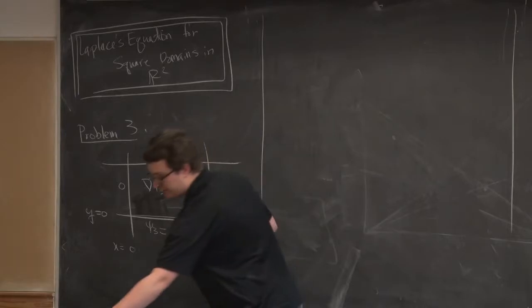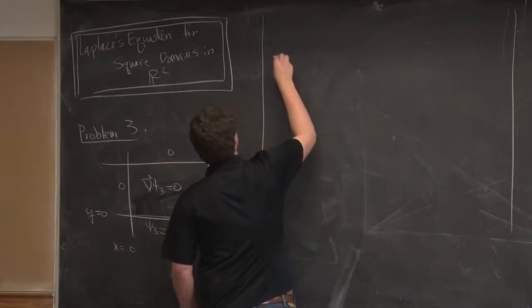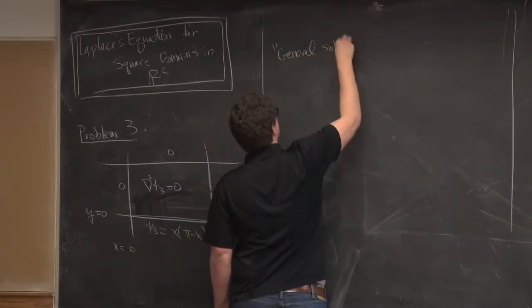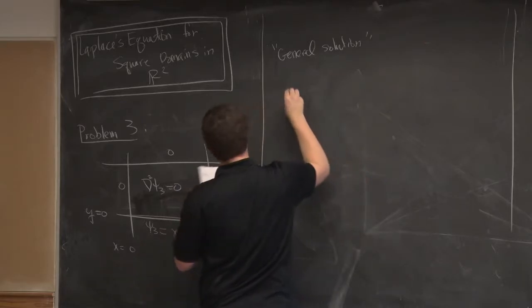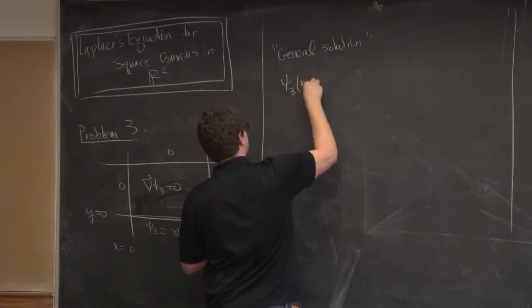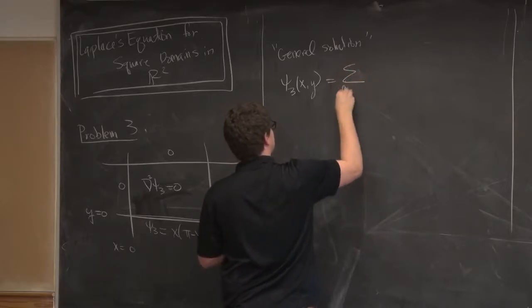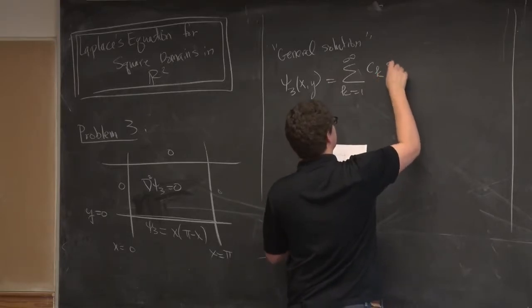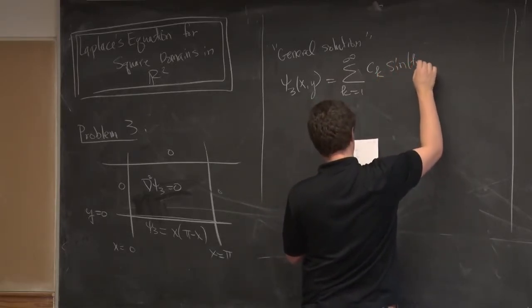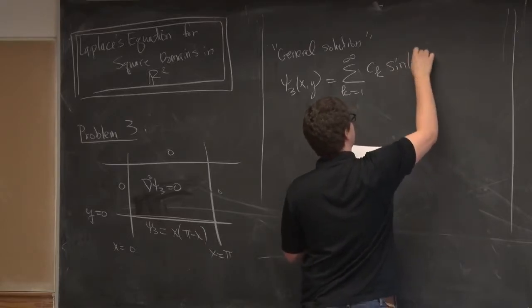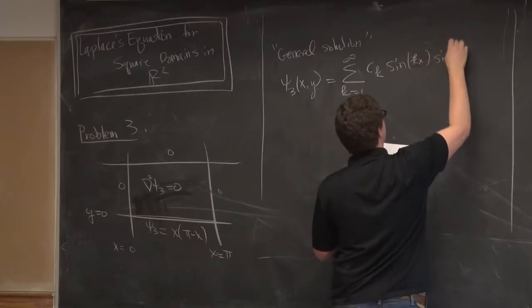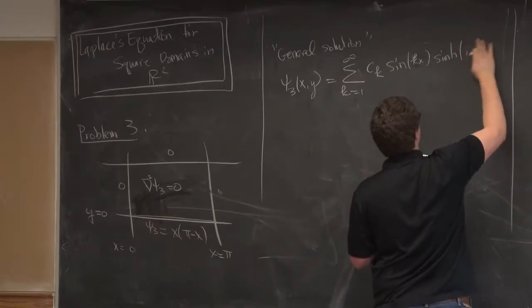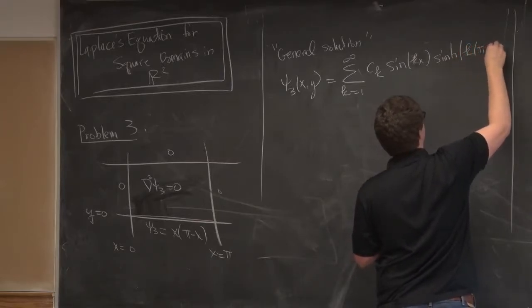That allowed us to show we had a solution of the form, where we reflected things, the sum from k equal to 1 to infinity of constants c_k times sine of kx times hyperbolic sine of k(pi minus y).